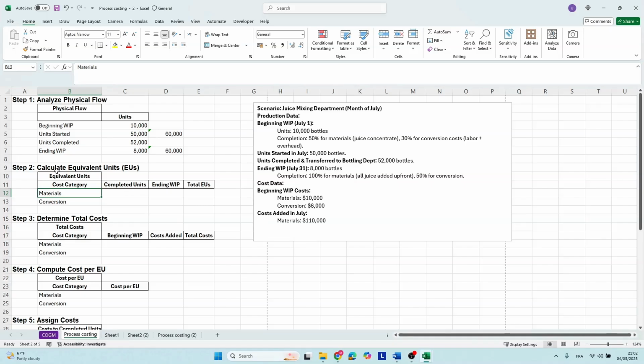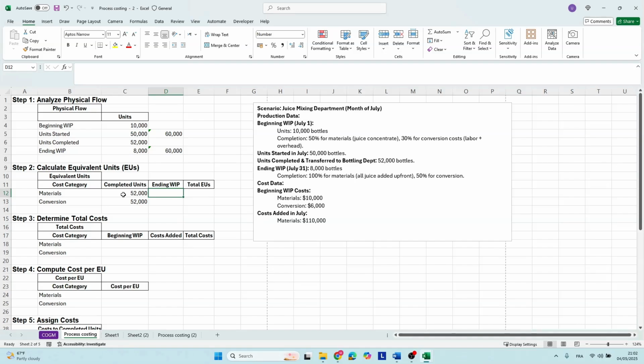So we continue, we calculate equivalent units. This table summarizes all the steps. First, we need to calculate the completed units. You see in the example that we have 52,000 completed, so for both material and conversion.